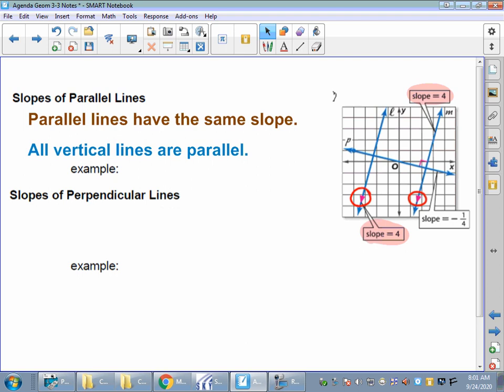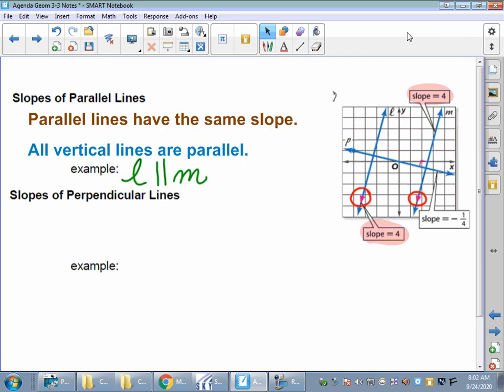By the way, I should probably mention the symbol for parallel. We could say in this case that L and M are parallel. So we say a small cursive L is parallel to a small cursive M. The sign for parallel is like two vertical parallel lines.